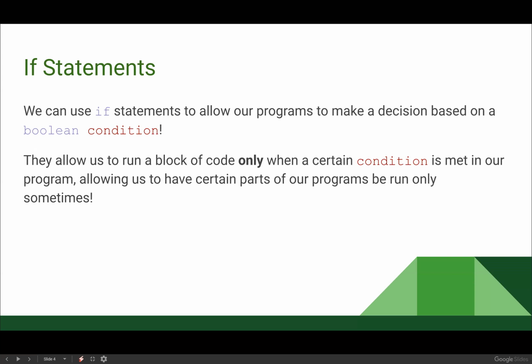If statements let us use some Boolean condition to make a decision in our programs. They let us run some block of code only when a certain Boolean condition is met within our program, which lets us have some chunks of our code only run sometimes rather than always being run.